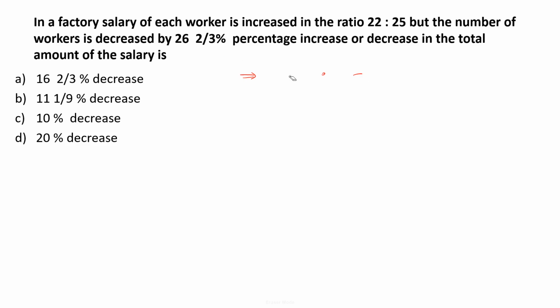First of all, let me make you aware of one thing. If there are two workers and the per head wage of those workers is 10 rupees, then the total wage would be 2 into 10, the multiplication of those two elements.